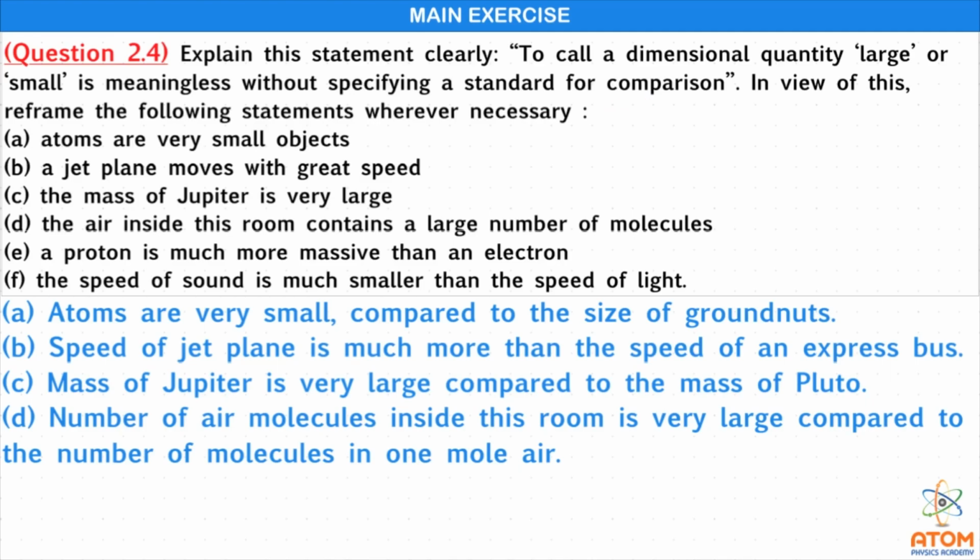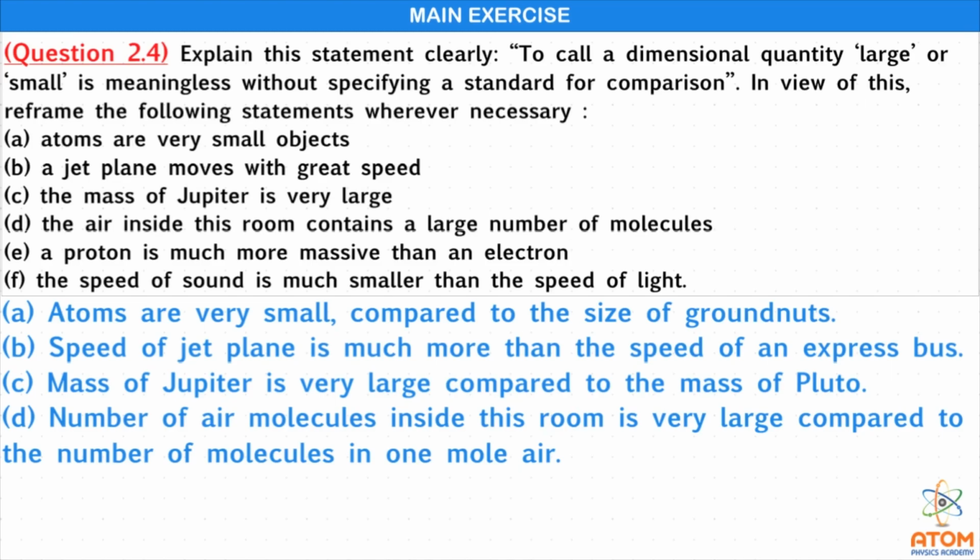Now the second statement. We can write speed of jet plane is much more than the speed of express bus. Here also we are giving a reference. In the third statement we can write mass of Jupiter is very large compared to the mass of Pluto. Here also we are putting a comparison that mass of Jupiter is large, but compared to what? Compared to the mass of Pluto.